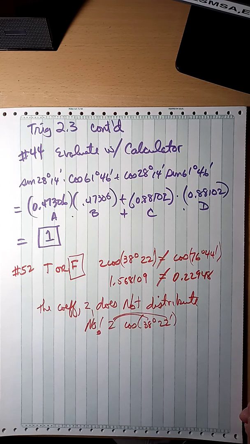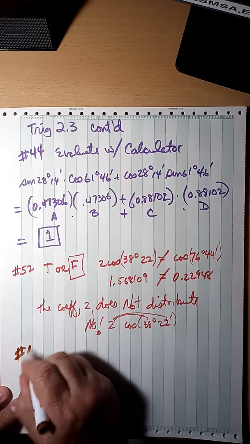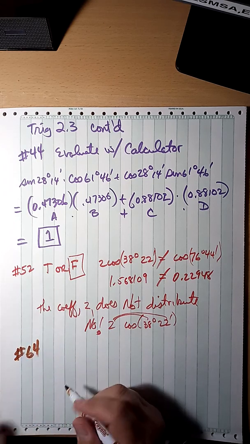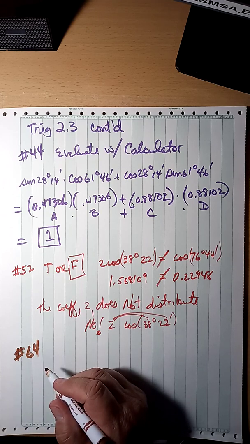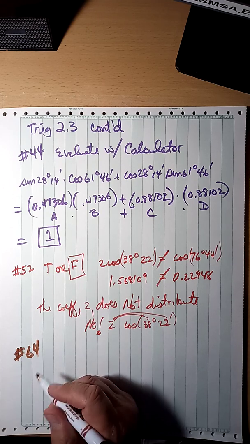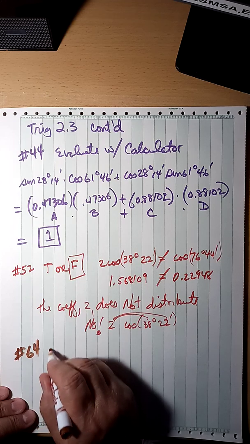Okay, last problem, 64. Now, this problem uses a formula within the text. So if you get to a problem and you say, I don't have an idea what they're talking about, look at the examples in the text, which you should have been reading anyway. They've got a formula.